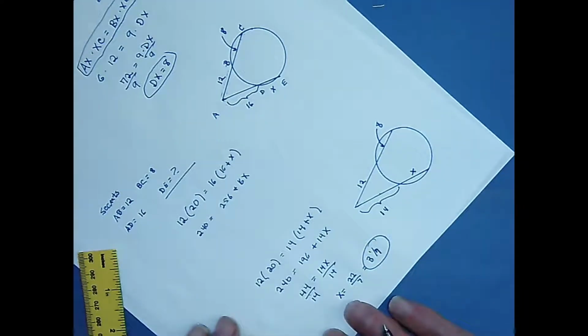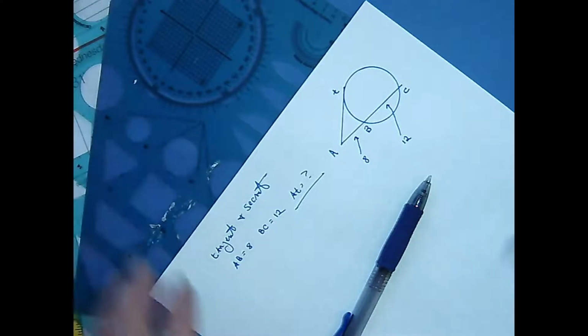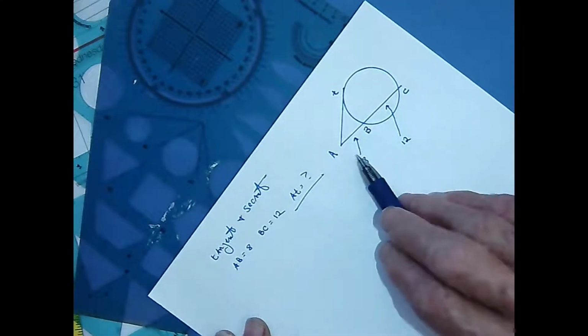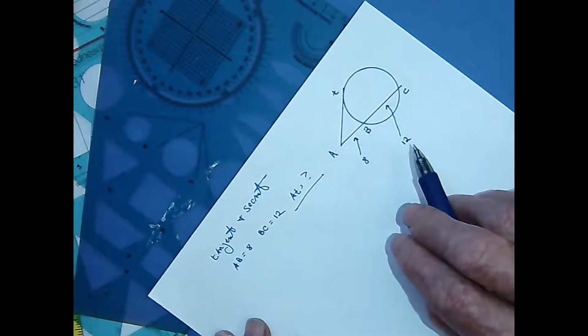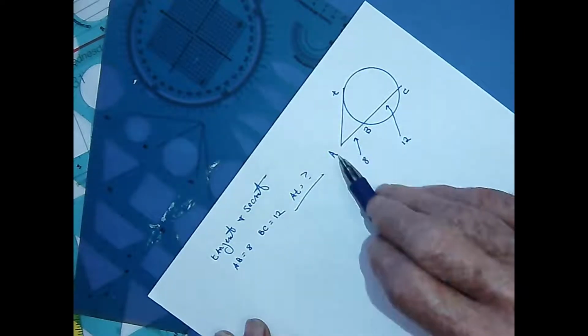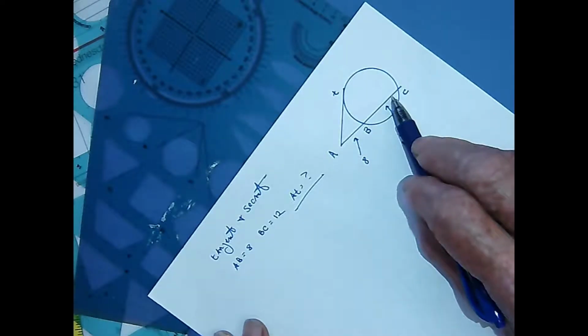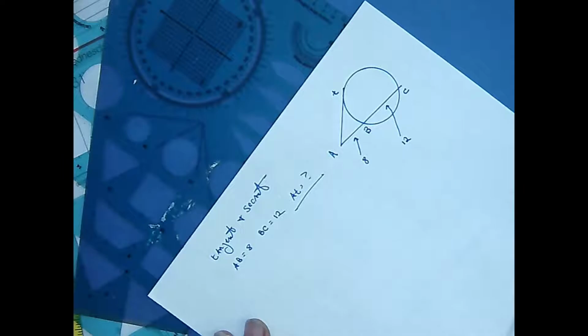Let me make up another one. So here I've got a tangent and a secant to a circle, and I'm given some lengths. The exterior part of that secant is 8, and the interior part is 12. And I want to find the length of that tangent.